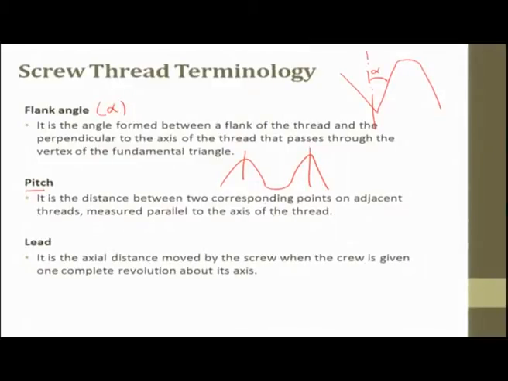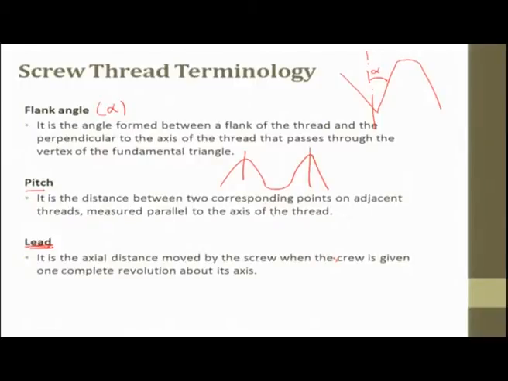What is lead? It is the axial distance moved by the screw when the screw is given one complete rotation about its axis is called the lead.